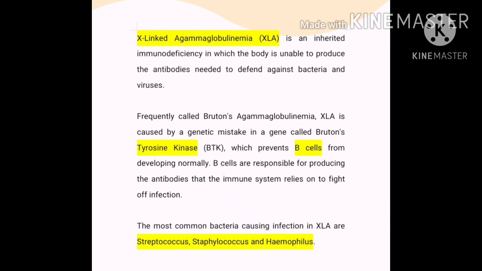You know that the X chromosome is one of the sex chromosomes. Okay, and in a normal person, on the X chromosome there is a dominant gene, and that dominant gene codes for an enzyme known as tyrosine kinase, and this tyrosine kinase enzyme is essential for the maturation of B lymphocytes, which enables proper immunity. But those patients having this disease, that is agammaglobulinemia, lack the dominant gene.